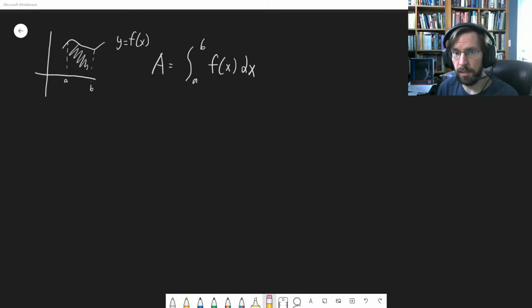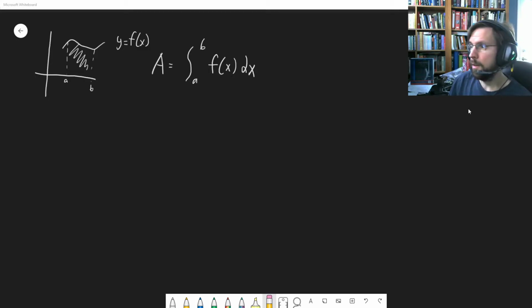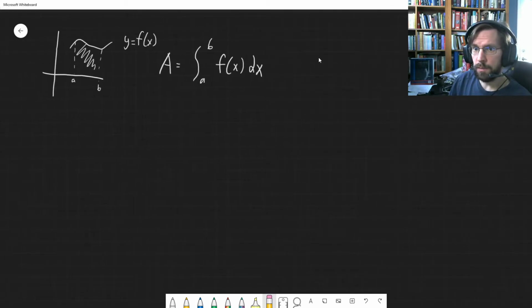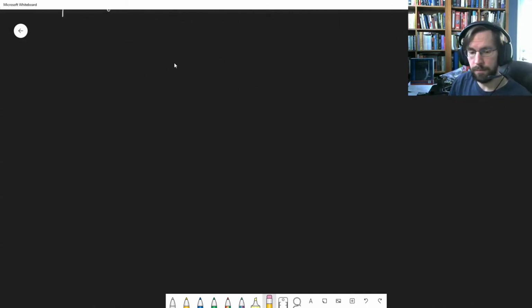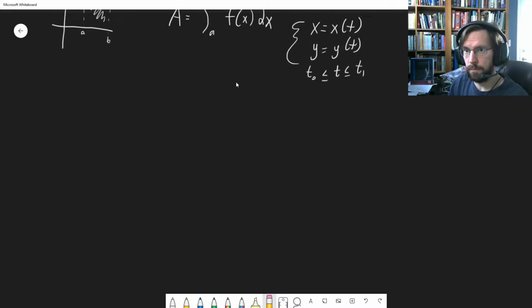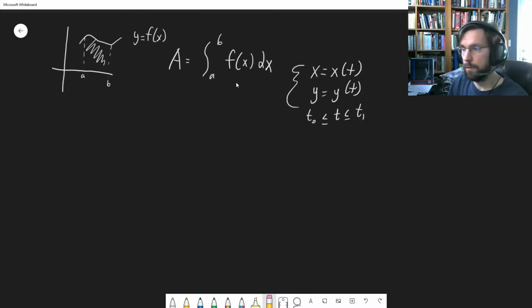The definite integral from a to b of f of x dx provides us with this area. So we can think about rewriting this.